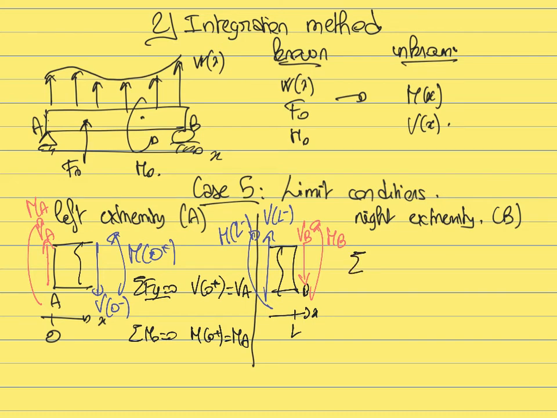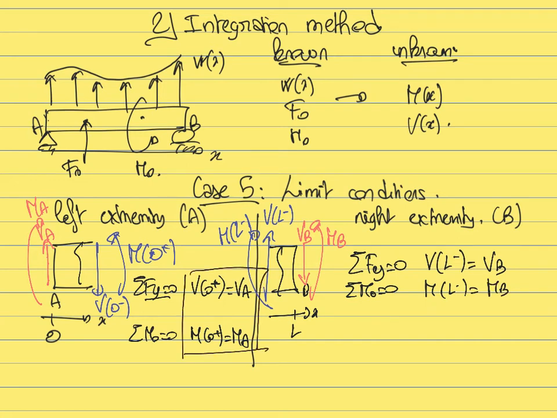The sum of the forces along the y-axis is equal to 0. Very similar here, you find that the internal shear at L minus is equal to VB, and if you write that the sum of the moments is equal to 0, you find that the internal moment at L minus is equal to the moment MB.